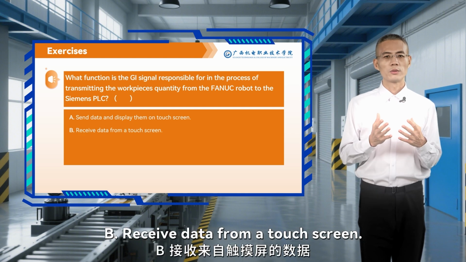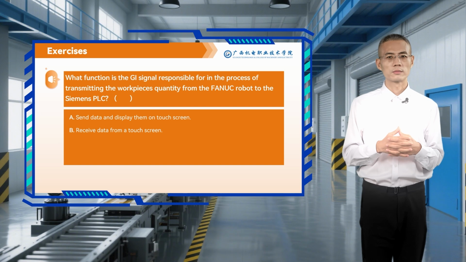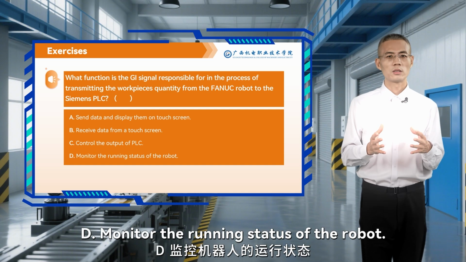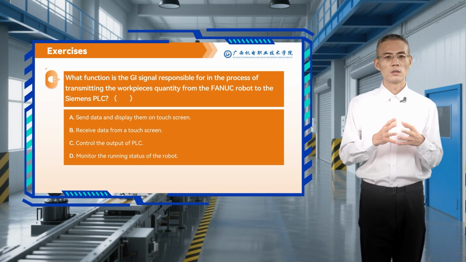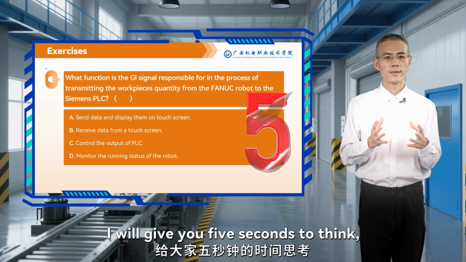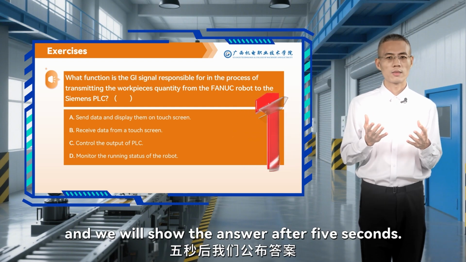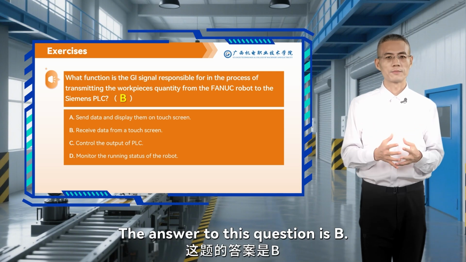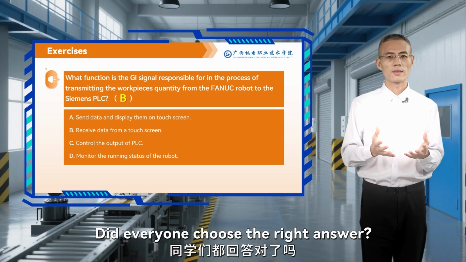B. Receive data from a touch screen. C. Control the output of the PLC. D. Monitor the running status of the robot. I will give you 5 seconds to think and will show the answer after 5 seconds. The answer to this question is B. Did everyone choose the right answer?